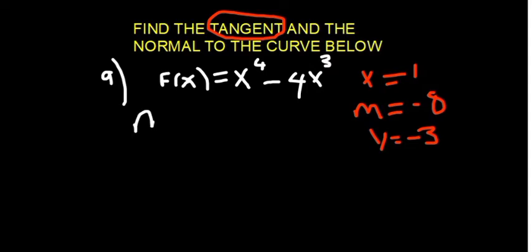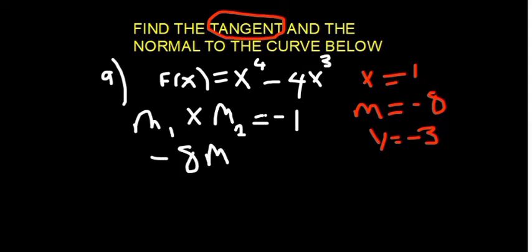So the product of the gradient of the curve multiplied by the gradient of the normal is supposed to give us -1. So what is the gradient of the curve at that point? We found this to be -8. So we're going to substitute. So -8 multiplied by m2, which is just m2, is equal to -1. So for us to find m2, we divide by -8 on both sides, and our m2 is going to be equal to 1/8.